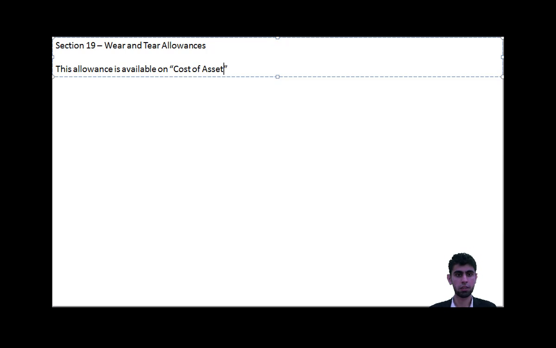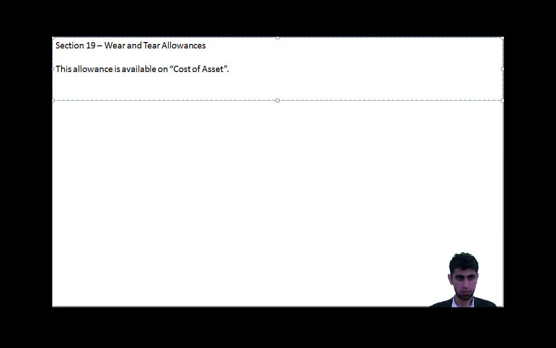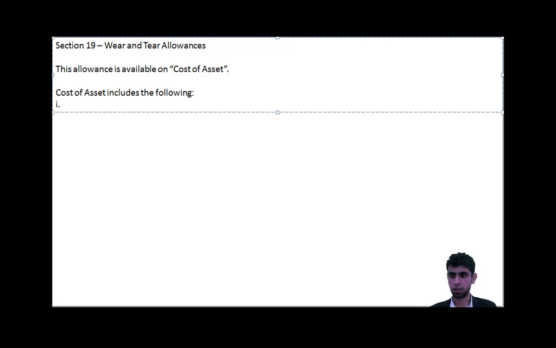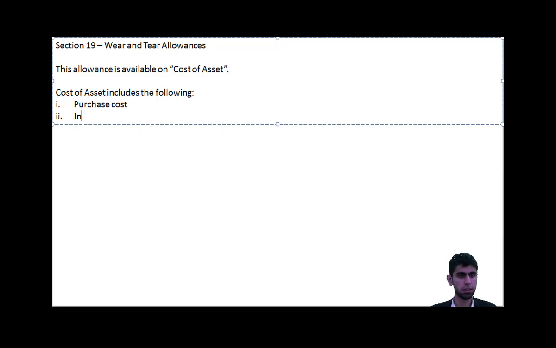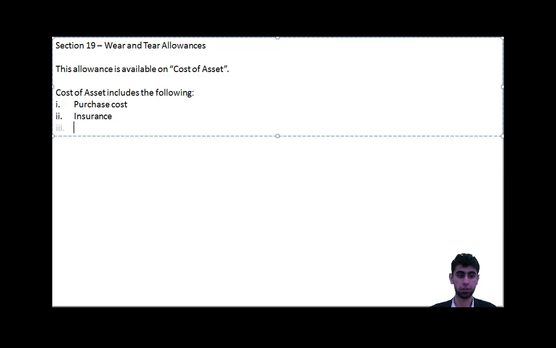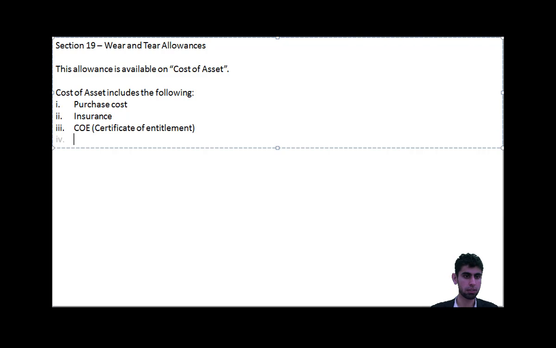Cost of asset includes the following. So first of all, you have the purchase cost. Then secondly, you have any insurance that you're paying on the non-current asset. Then you have certificate of entitlement. What is certificate of entitlement? The asset has been registered in business name.